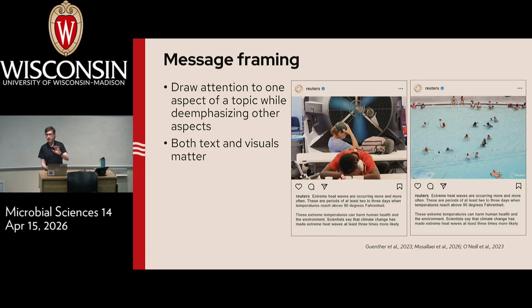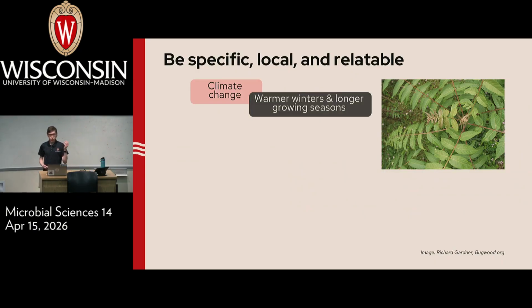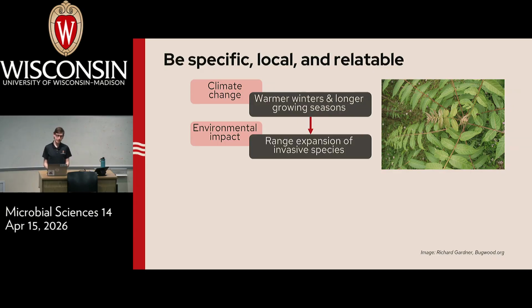I want to try to complicate this idea of message framing a little bit, because when I'm doing message framing for the work that I do, I'm not necessarily talking about climate change and framing climate change a certain way. I'm zooming in more than that. Here's an example. I'm always trying to be specific, local, and relatable. One impact of climate change that we're seeing is warmer winters and longer growing seasons. That then has the environmental impact of allowing invasive species to expand their ranges northward faster than they would otherwise be able to.